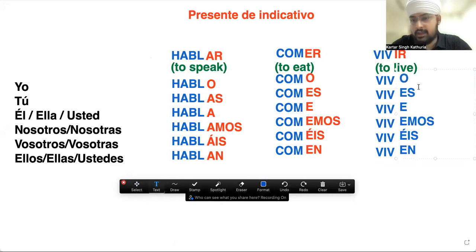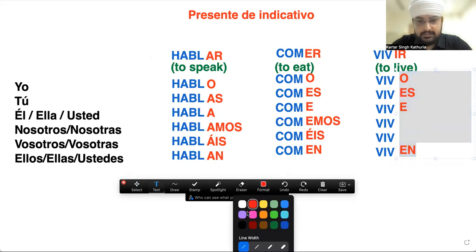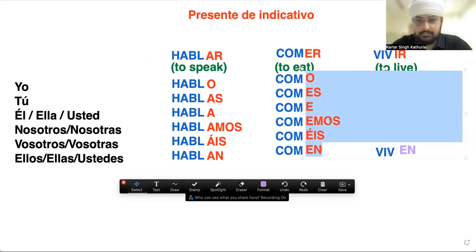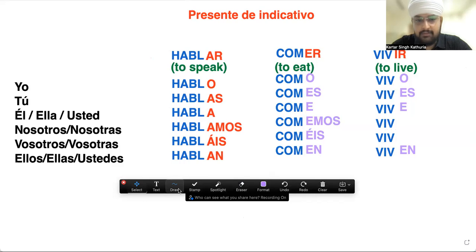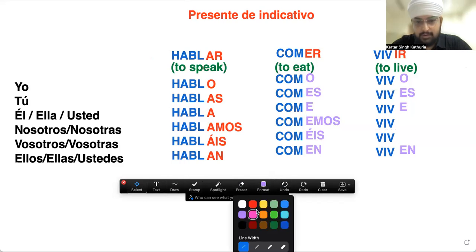Er ending verbs and ir have the same endings except for nosotros and vosotros. So I just change the color so that you're aware that the endings are same, and the only difference that we have is in this part.